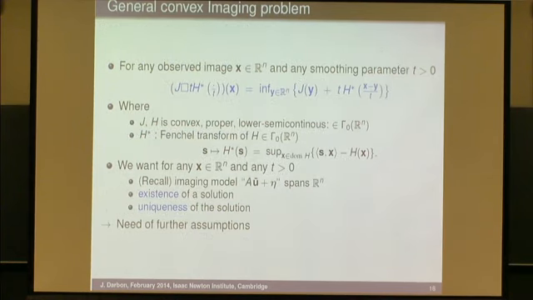So here is an abstract formulation of what I consider an imaging problem. It is the infimum convolution between J, that will be a prior, and H star, this will be my data fidelity. Let me give right now an example of H star.